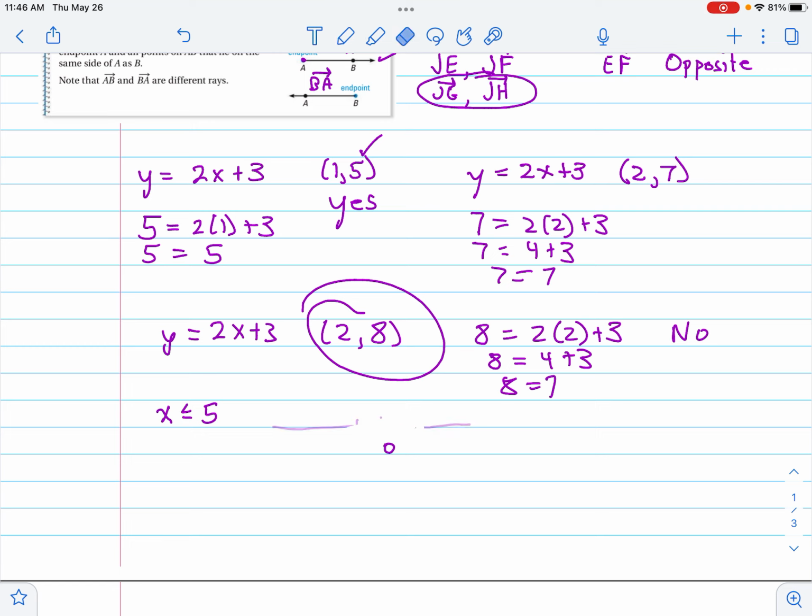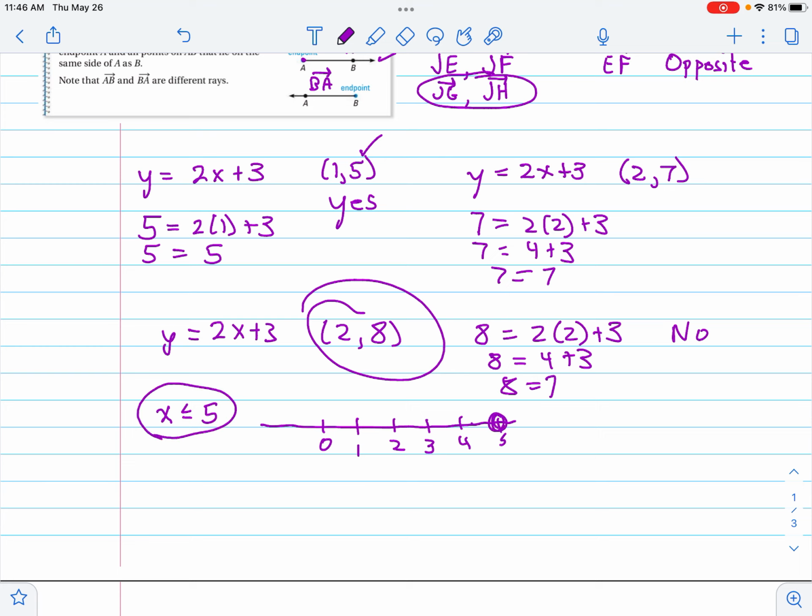Let's just see how we would do this. We have 0, 1, 2, 3, 4, 5. And we want to represent this thing, x less than or equal to 5.